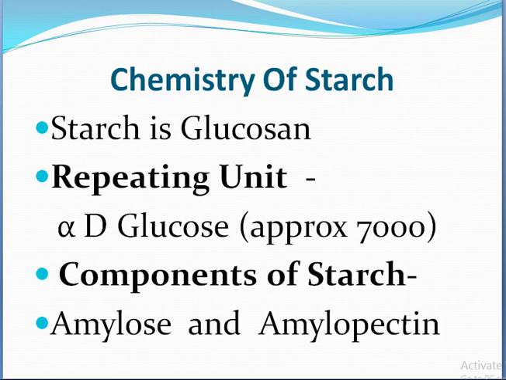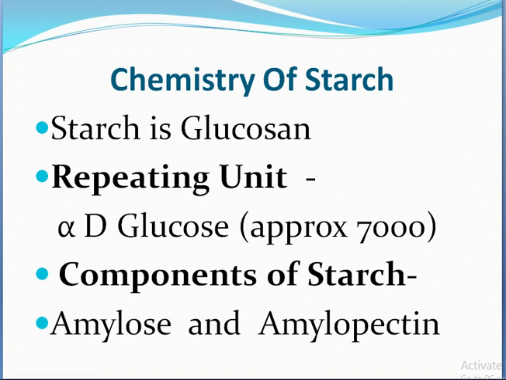You can see here the starch is a glucan, with repeating units of alpha D-glucose, and it has more than 7,000 glucose units.